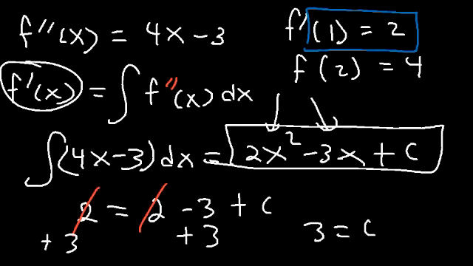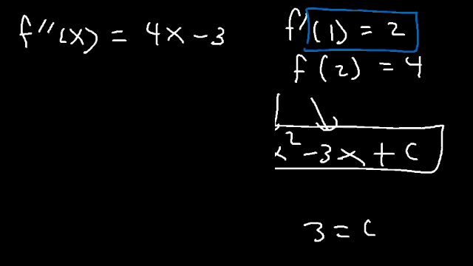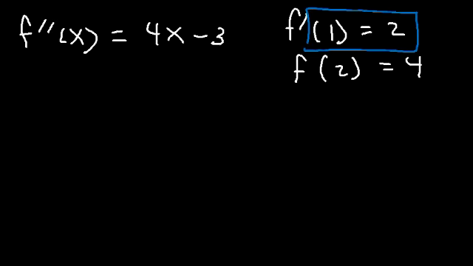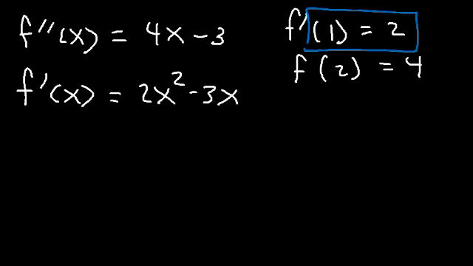So therefore, f prime of x is equal to 2x squared minus 3x plus 3. Now we need to find f of x, so we've got to integrate this function.